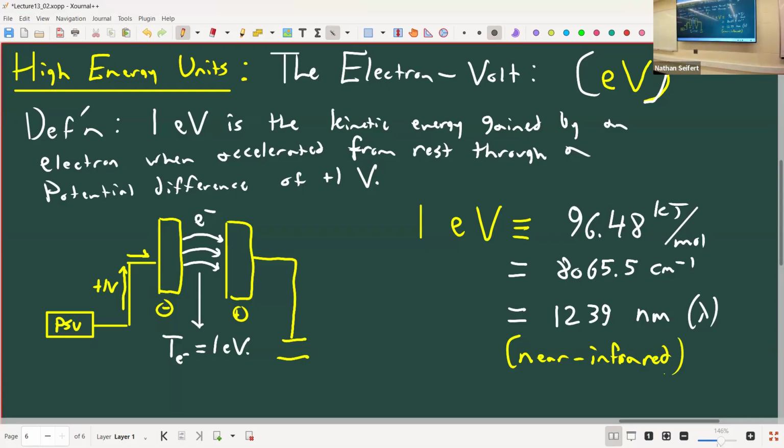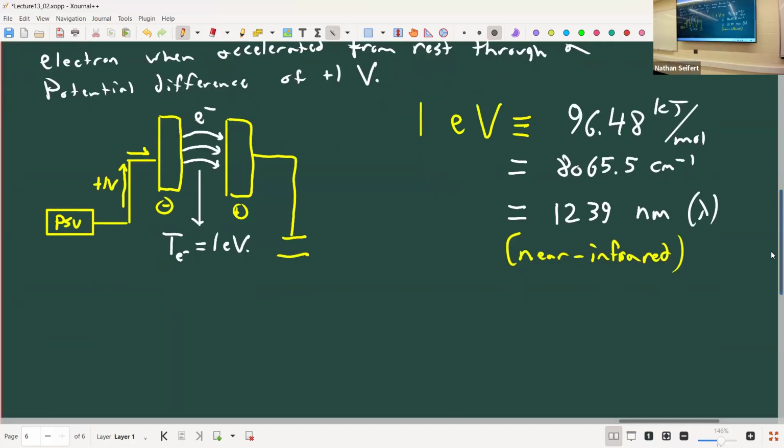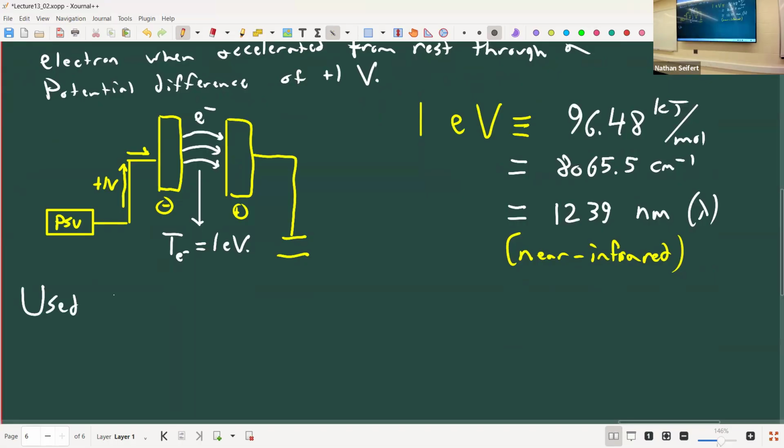Beginning of optical. All right, and what are useful uses for this? Well, this is often used for ionization energies and other high energy processes.